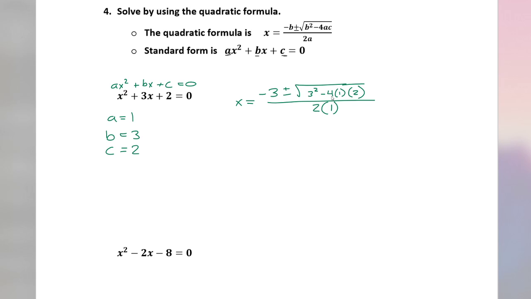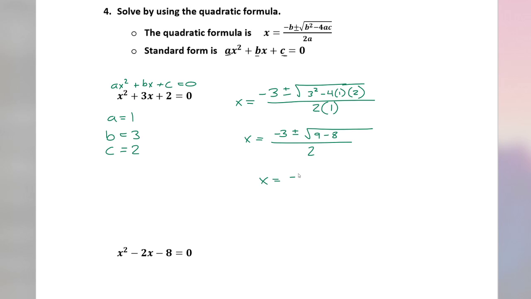So 4 times 1 times 2 is going to be 8. 3 squared is 9. So we have negative 3 plus or minus the square root of 9 minus 8, over 2 times 1, 2. 9 minus 8 is 1.